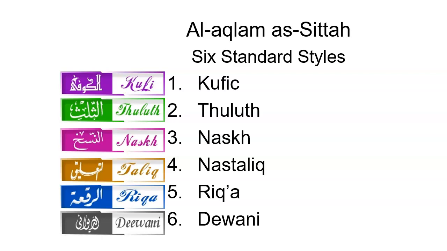Okay. Al-Aqlam as-Sitta, or 6 standard styles, and there's some debate, right, about which 6 to include, but I've included these that are commonly found in Arabic calligraphy. Before going in depth, look closely at these 6 writings and how they differ from one another, and you could see this on the left.